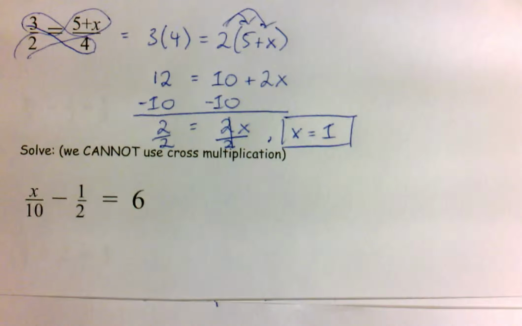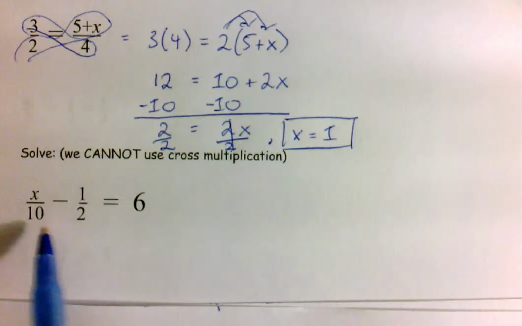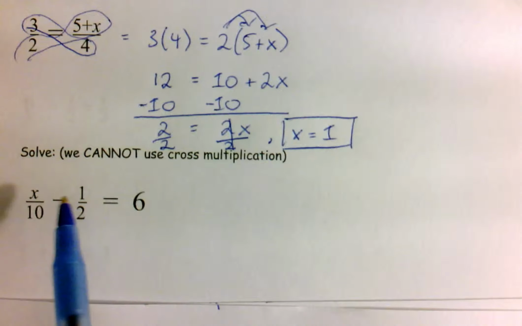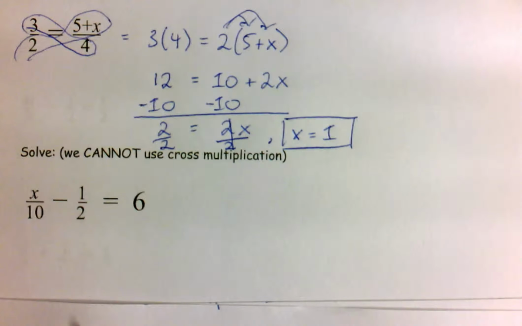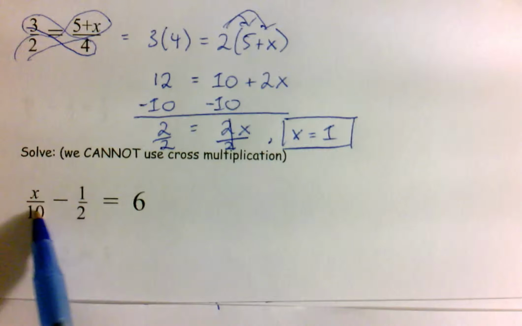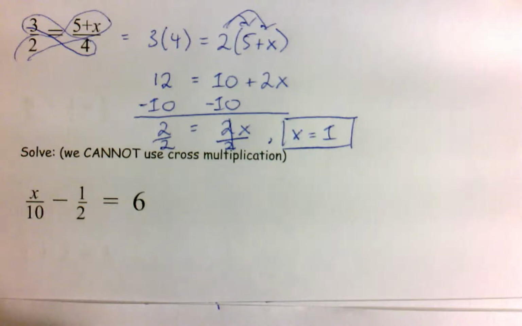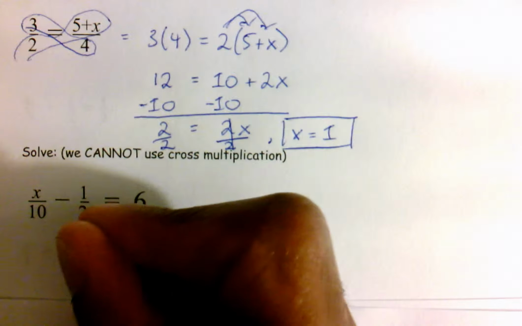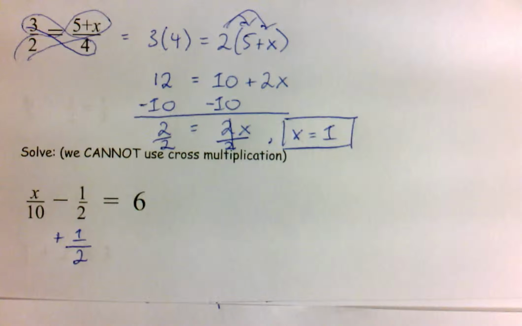That is not going to give me something equivalent on the left side. I can't simplify this left side in that manner. But what I notice is this number here is subtracted from this number. So I'm going to go about solving it in the same way. If I want to get this x by itself, I'm going to choose to add 1 half to both sides. I'm just treating 1 half like any other number.